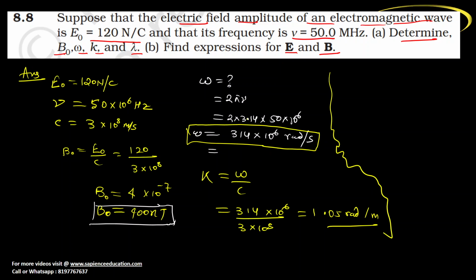Now what are they asking? They are asking lambda. So lambda will be equal to what? Lambda is equal to, again the same formula, c by frequency. So c is the speed of light, that is equal to 3 into 10 to the power 8 meter per second, divided by frequency, that is equal to 50 into 10 to the power 6. When you calculate it, you will get 6 meter.